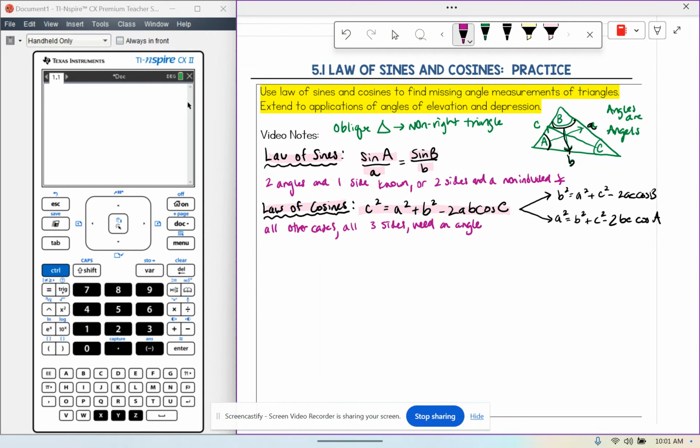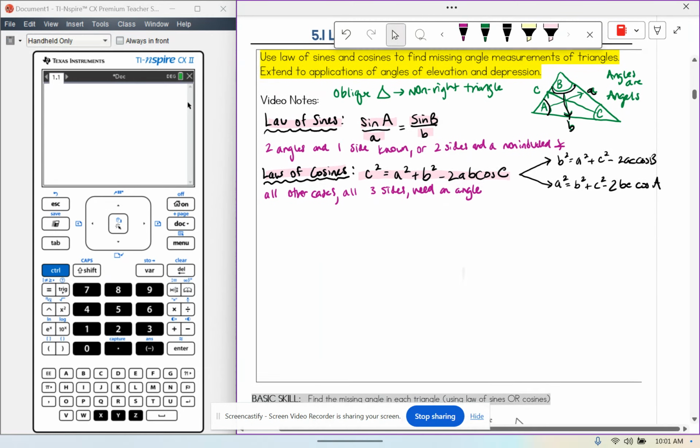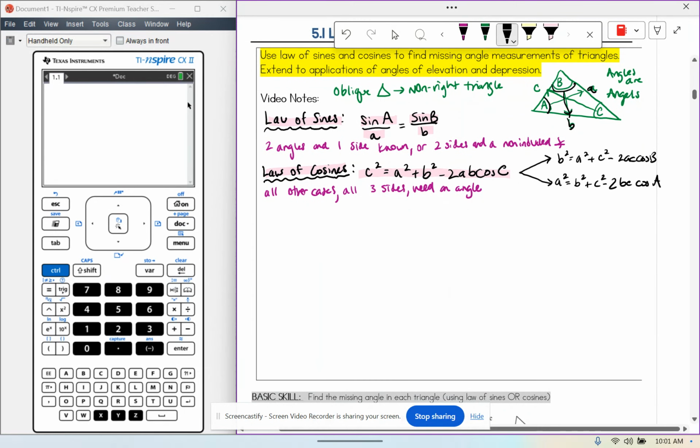Okay, so let's see how this would look if we are looking for that special case where you need an angle. That's going to look like this. You have the cosine of A; they just solved for a different piece of this. Like here in this version, they just solved for this piece here. So that's where this formula comes from.